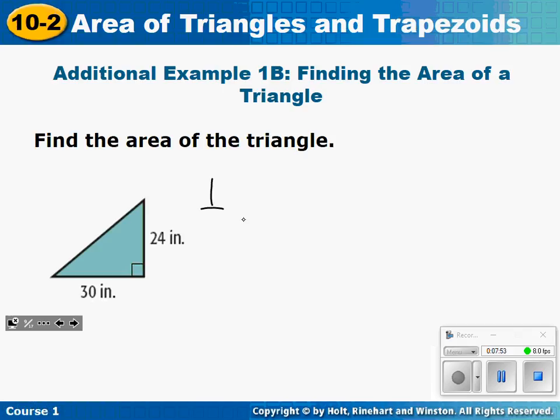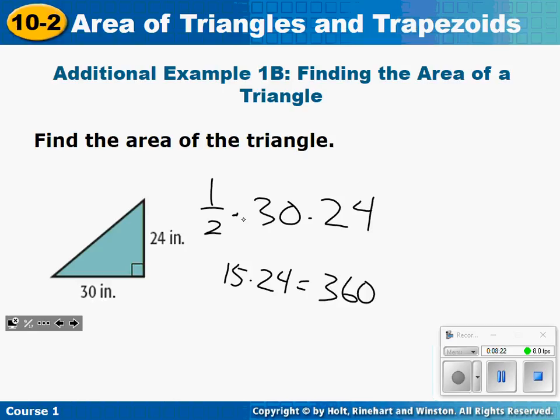So basically it's 1/2 times 30 times 24, which is the same as 15 times 24, which is what? Is it 360? Oh, yeah. 360 square inches. Good. I'm proud of you guys.